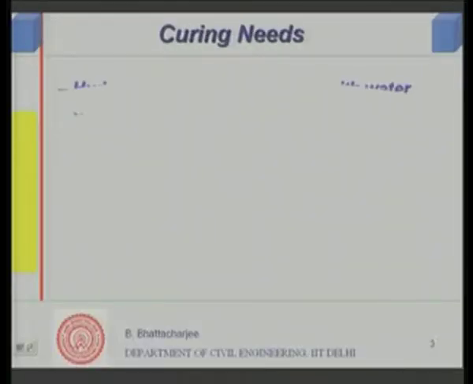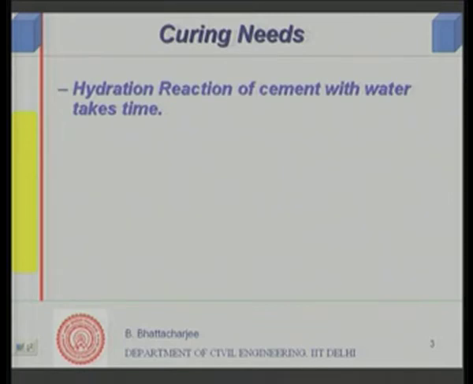Why do you need curing? Now, if you remember, when we talked about cement, we said that it is produced from lime and clay, burning both of them together. Such material when burnt together forms a kind of solid solution, about which we will discuss later on, and we said that when you mix water with it, there is a reaction, and we call this reaction hydration reaction, and through this reaction it becomes solid.